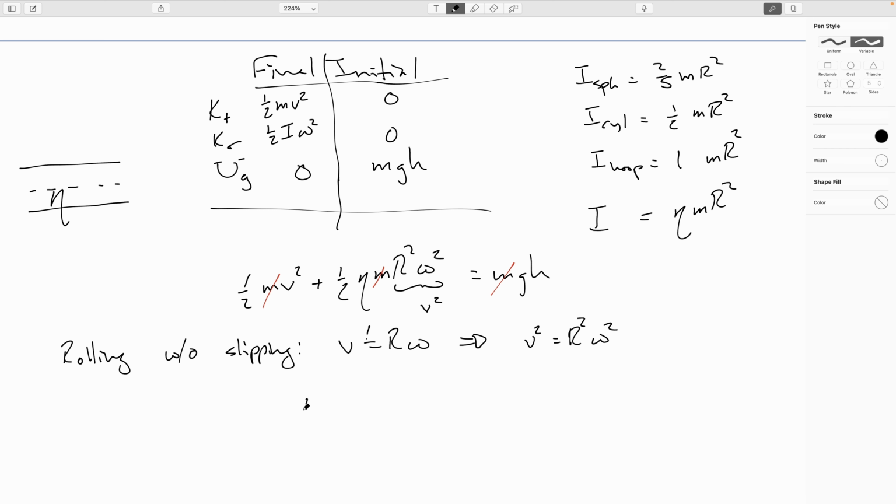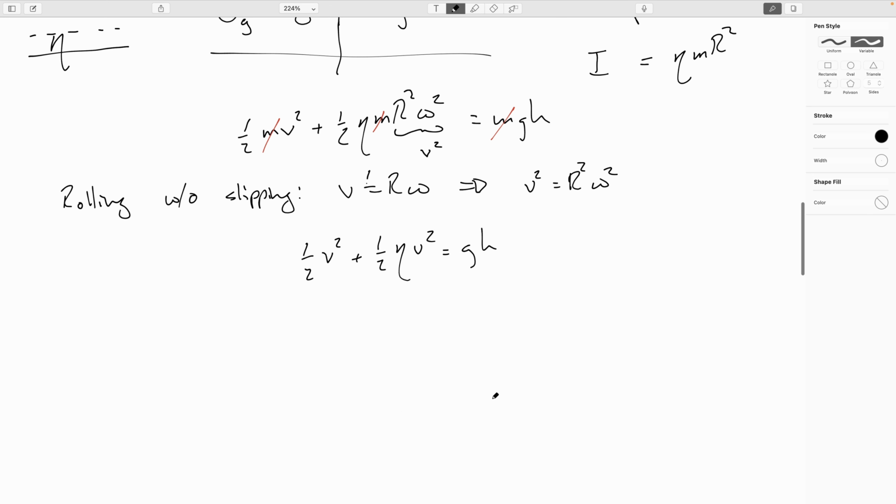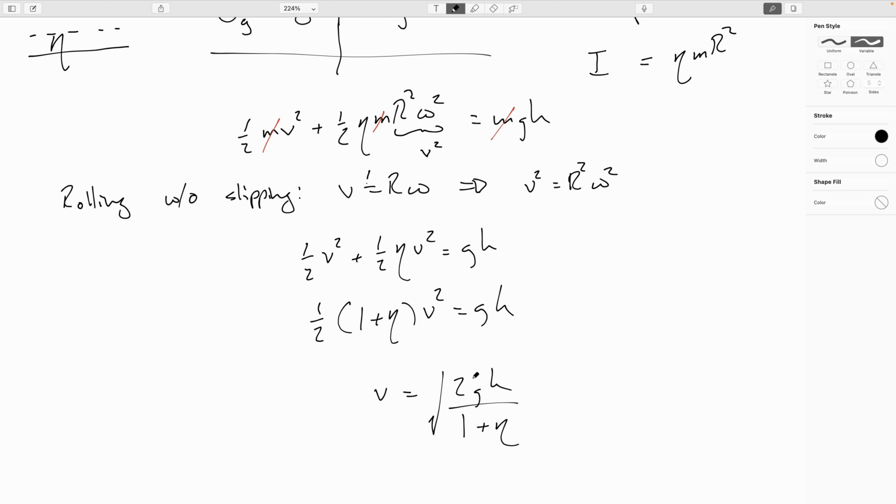So now I can write this as 1/2 v squared plus 1/2 eta v squared equals gh. All right, so we can group out just a little bit. 1/2 times 1 plus eta, v squared equals gh. And finally, we get that v is equal to the square root of 2gh over 1 plus eta.